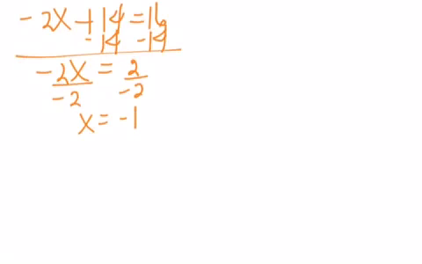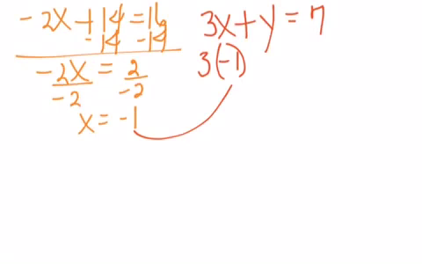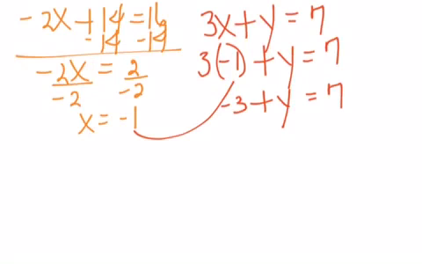Remember, a solution is a point, so we also need the y value. We may use either of the equations that we started with to find the y value. I'm going to use the first one. So we have 3x plus y equals 7. Only we found out that x was negative 1, so 3 times negative 1 plus y equals 7. 3 times negative 1 is negative 3 plus y equals 7.